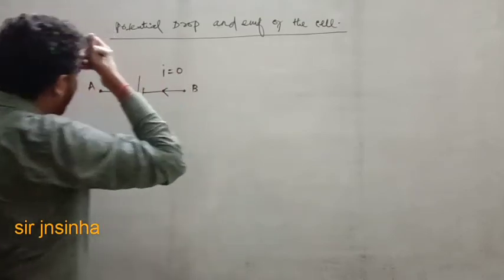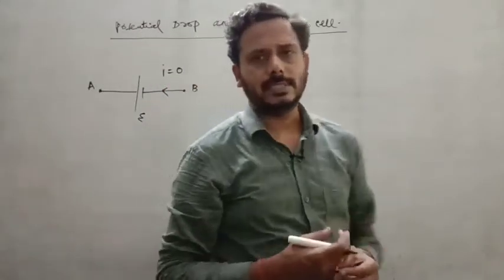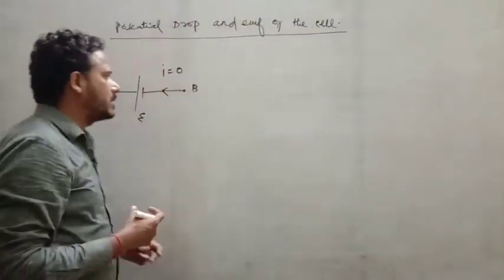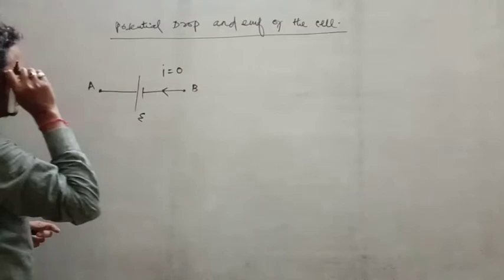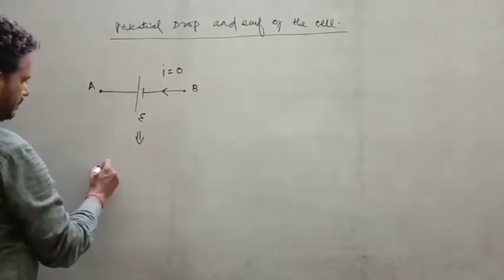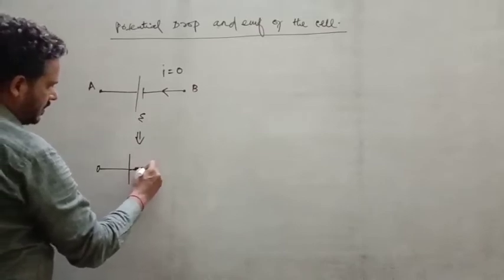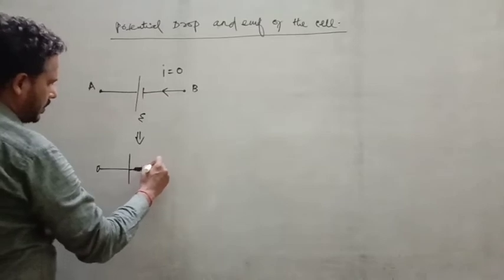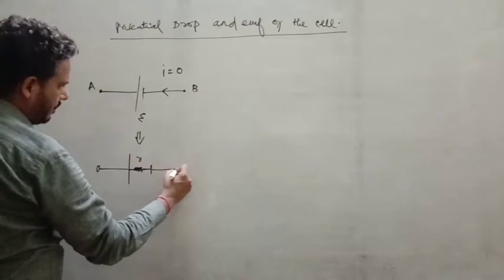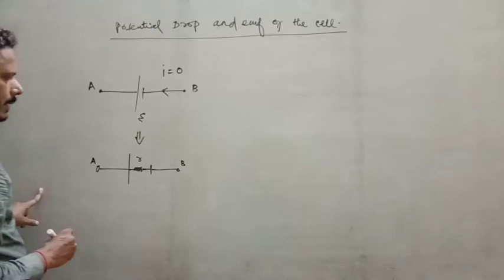But here we have to keep in mind that every EMF has an internal resistance. That's why I would like to improve this diagram. This one is an internal resistance, let it be small r, with terminal A and terminal B.